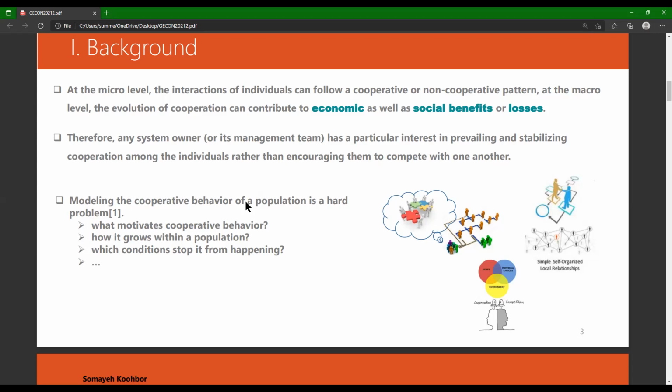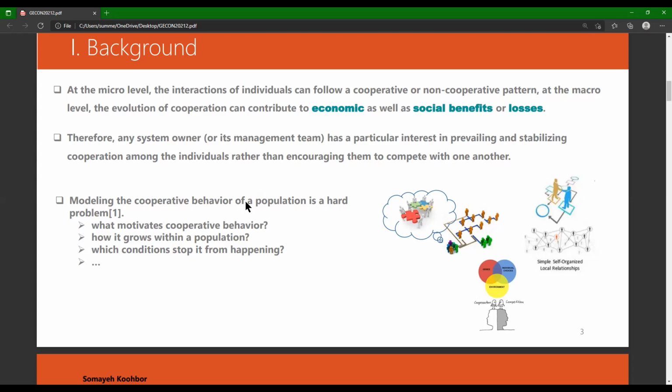But what is interesting is that at the macro level, usually if we encourage people to cooperate with each other within a team setting, this will result in social benefits. The outcome is something positive. You can imagine, for example, when we bring a new employee to an organization, the knowledge of this employee belongs to himself or herself.